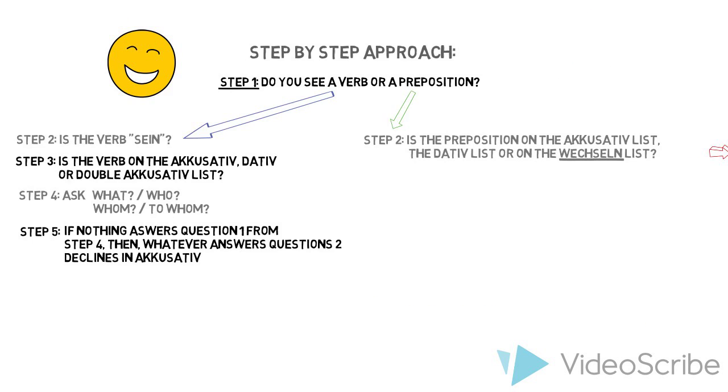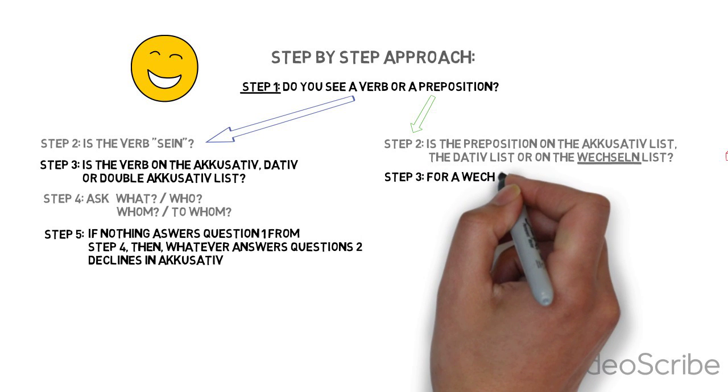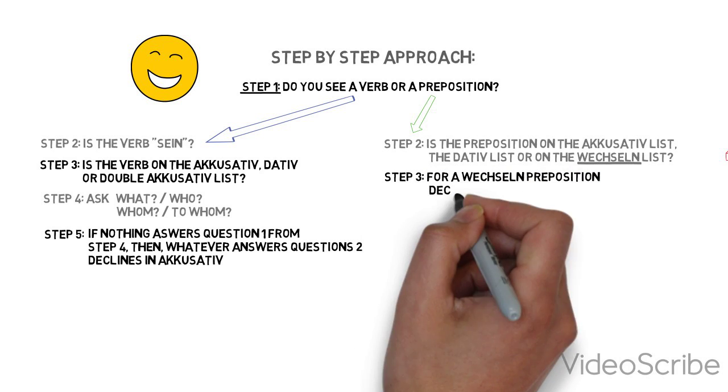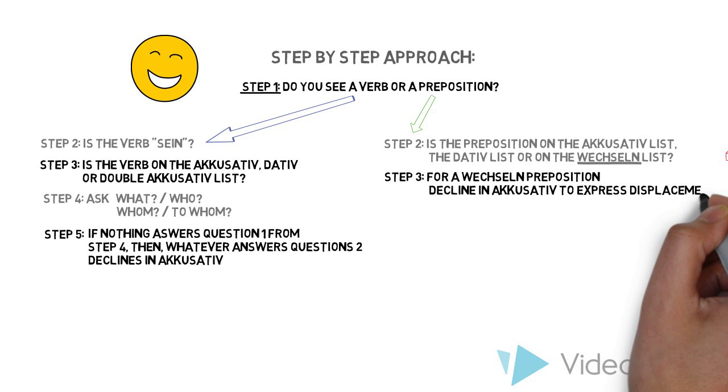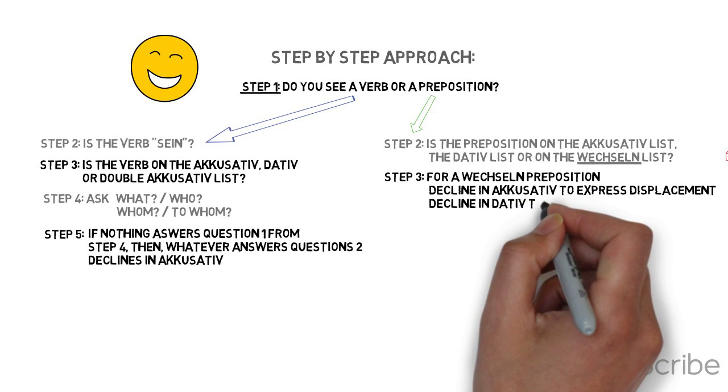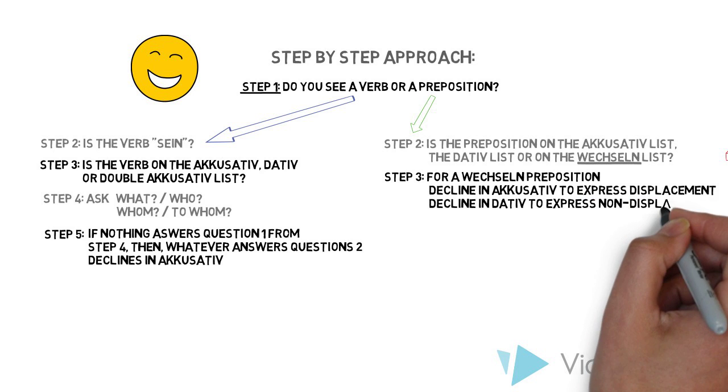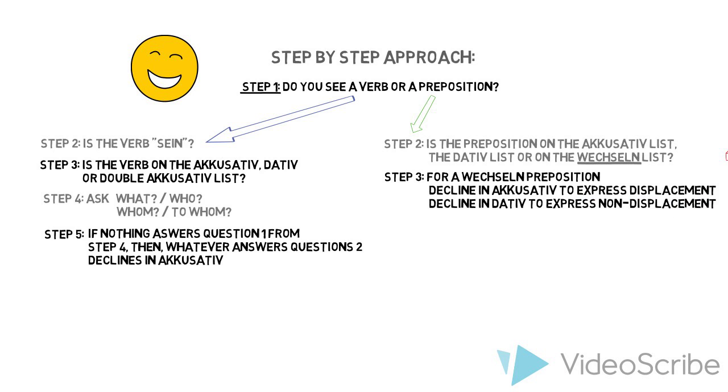So step number 3 is: if the preposition is contained on the vexillum list, decline in accusative if the sentence expresses displacement, or decline in dative if the sentence expresses non-displacement. Now one more thing before we wrap this up. I didn't tell you this before in order to keep it simple, but prepositions have preference over verbs.